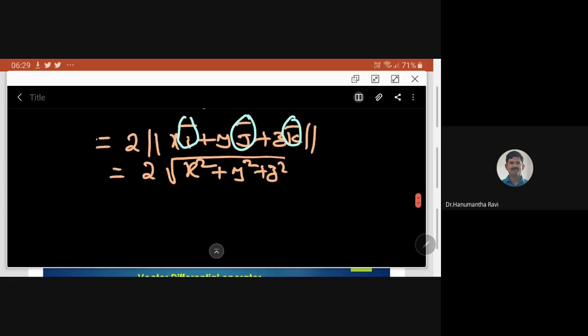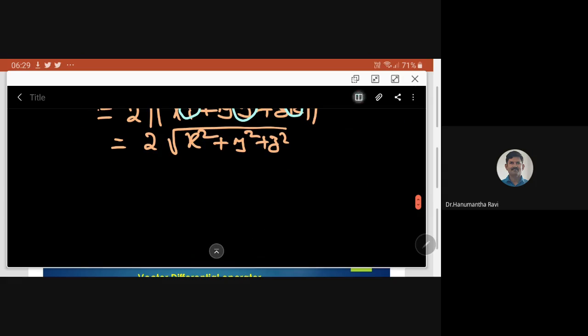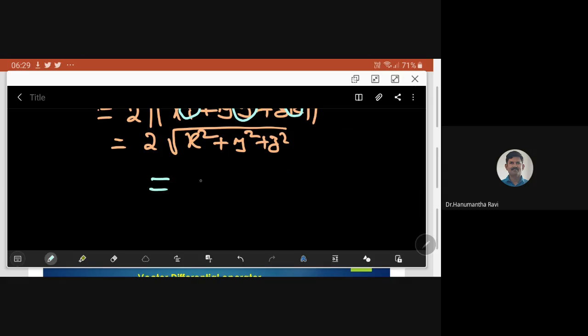But we are on the sphere, so 2 times the square root of x square plus y square plus z square, it is 2 into 2, it is 4.